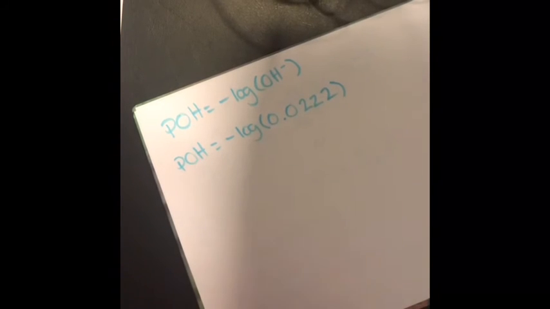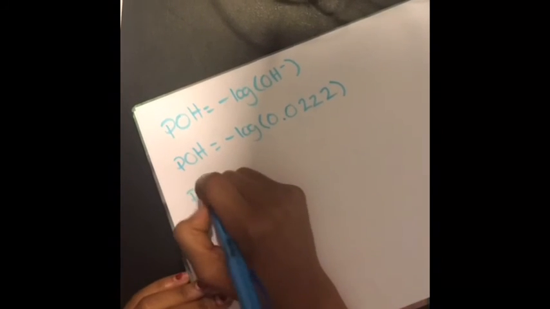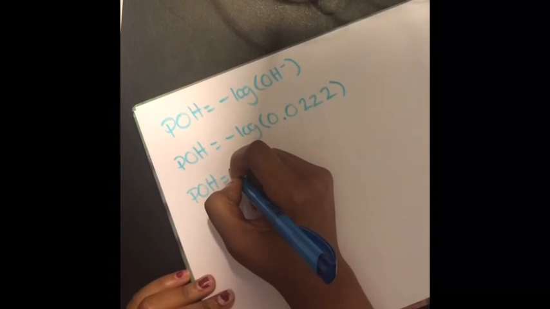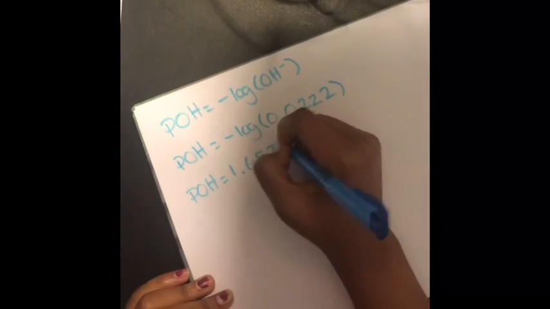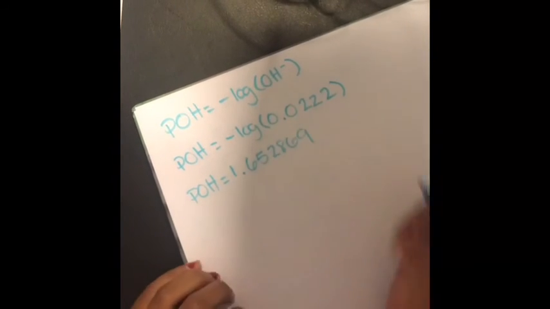When we plug that into our calculator, we get pOH equal to 1.652869.